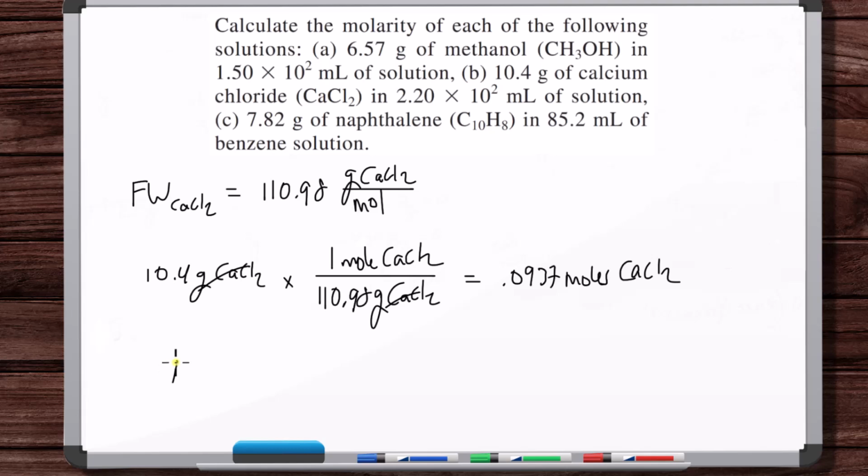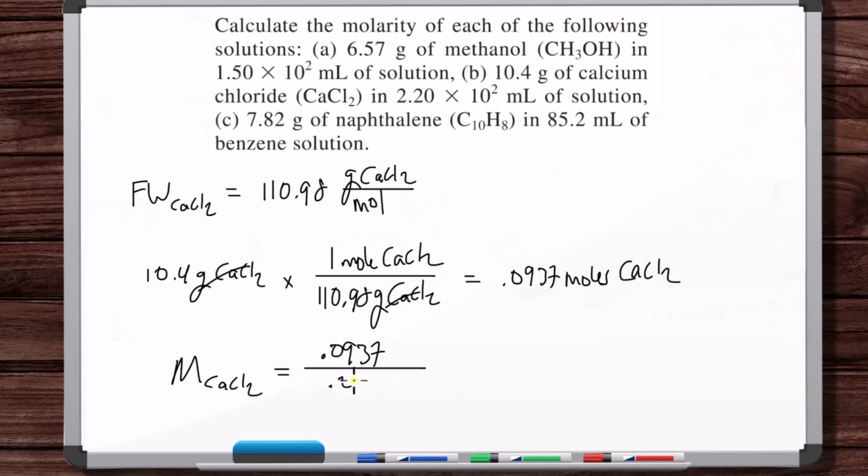Okay, so the molarity of calcium chloride in this solution is the number of moles of calcium chloride dissolved, which we just determined as 0.0937, divided by the volume of solution in liters. Well, it gives us the volume of solution in milliliters, 228 milliliters.